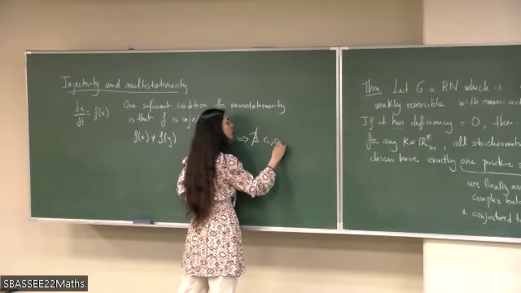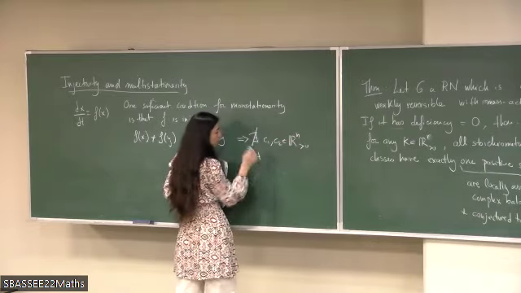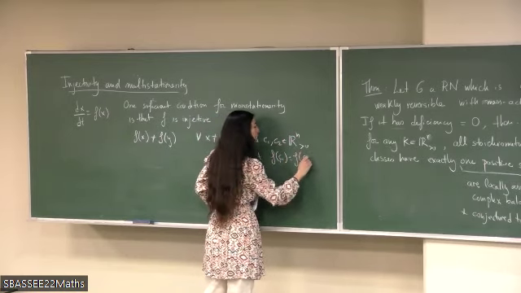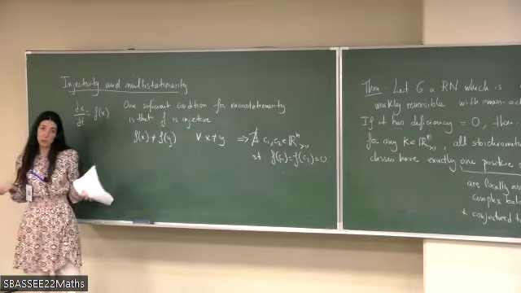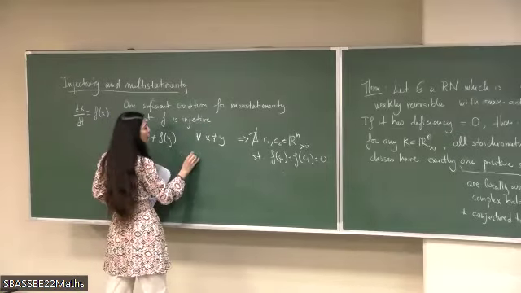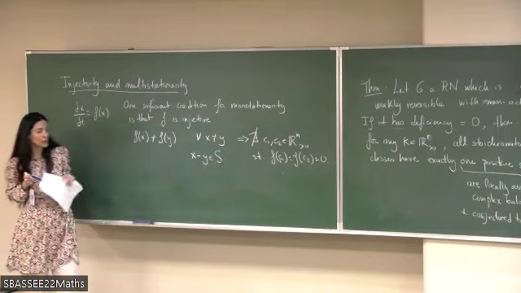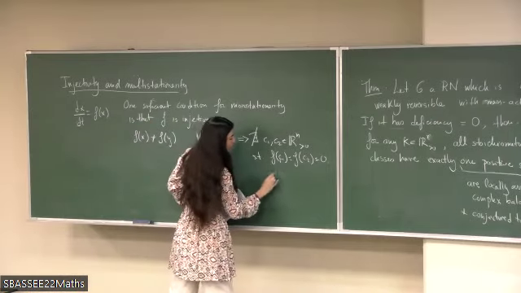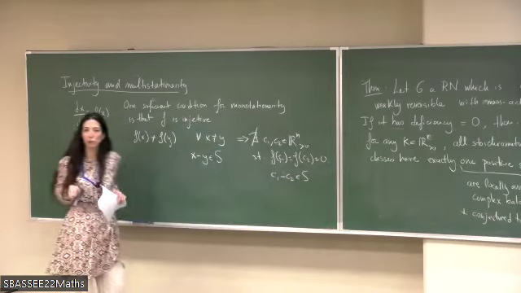There are no two positive steady states. Maybe this is too much to ask, but we can maybe ask this for stoichiometrically compatible steady states, and that would still be true.